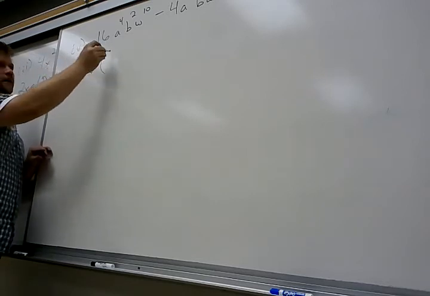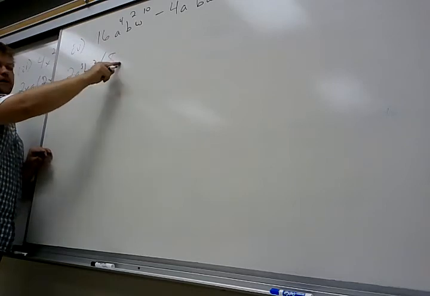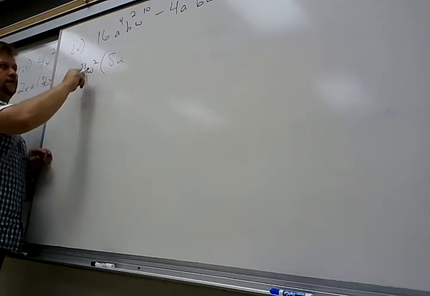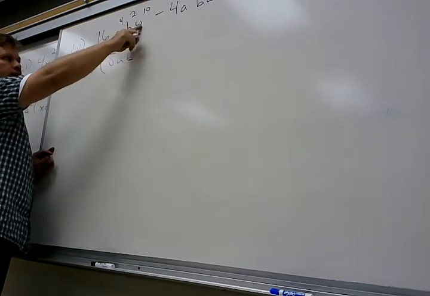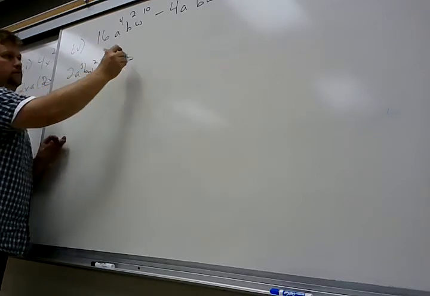So 16 divided by 2 is 8. I had 4 A's, took 3, so I got 1 left. I had 2 B's, I took 1. 1 left. I had 10 W's, so I took 2. 8.